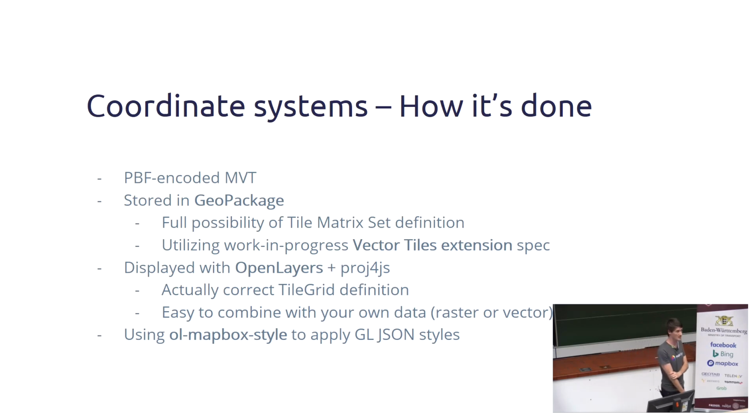The reason for that is the MBTiles format is by definition only in Mercator. And then you can already use it with OpenLayers or with OL Mapbox Style. So it looks really the same way as the normal map.